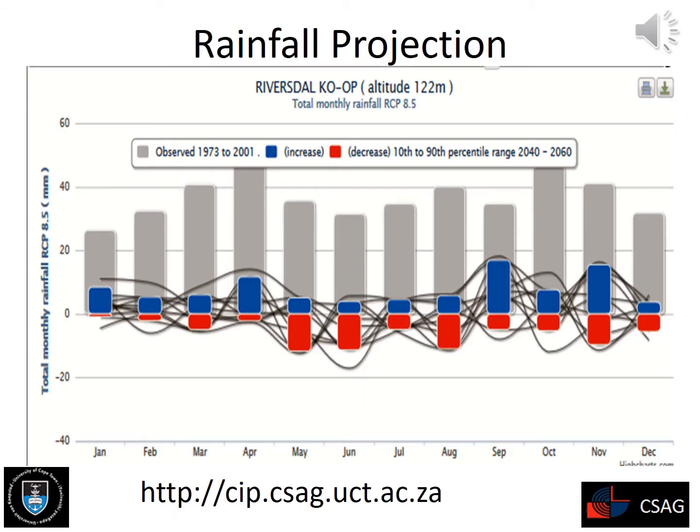So this is a fairly complicated graph of predictions for rainfall for Riversdale for the period of 2040 to 2060, so the middle of the century. And what we see here are grey bars and then blue and red bars. So the grey bars are the actual recorded, observed rainfall figures.